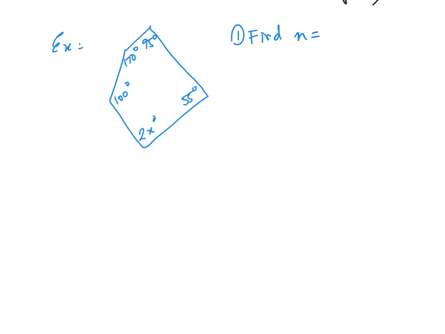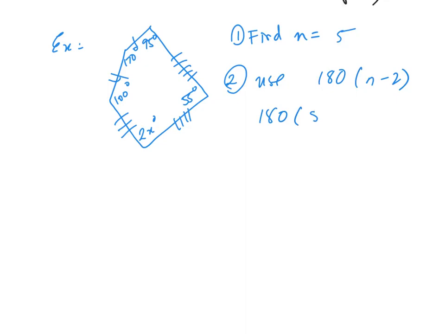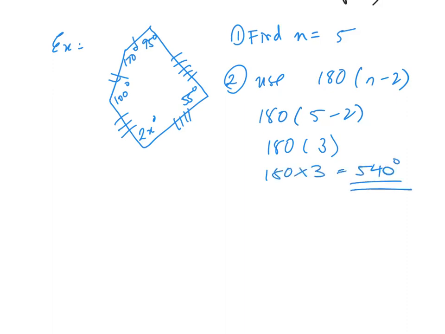I'm just going to put lines: 1, 2, 3, 4, and that's 5. So n equals 5. Step 2 is to use my rule, 180 times n minus 2. Where n is 5, I have 180 times 5 minus 2, that's 180 times 3, and that gives me 540 degrees.